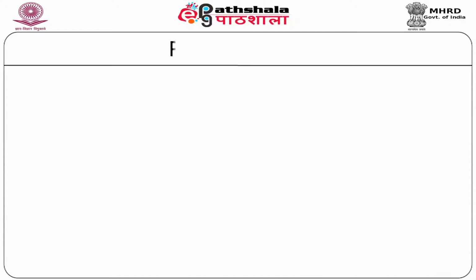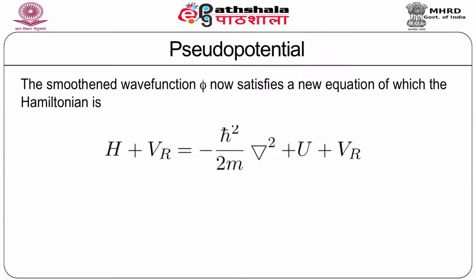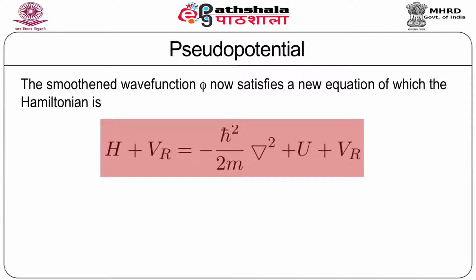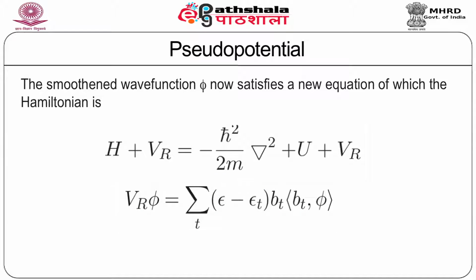So this above equation, which was shown in the previous slide, may be looked at as a new Schrödinger equation for a smoothened wave function phi, which satisfies a new equation of which the Hamiltonian is given by H plus V_R, equal to minus h-bar squared over 2m del squared plus U, where U is the original crystal potential, plus V_R, where V_R times phi is the summation over t of (epsilon minus epsilon t) times b_t times the product of b_t and phi.